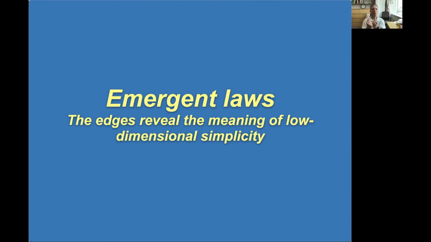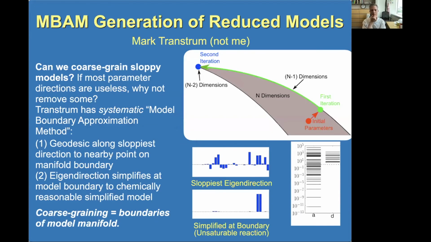Can you discover physical laws or discover the essential features that control this biological system or this accelerator by some kind of systematic procedure using these differential geometry ideas? And what I'm going to do now is turn to not my work, but Mark Transtrum's work, in which he pulled this out of a hat.